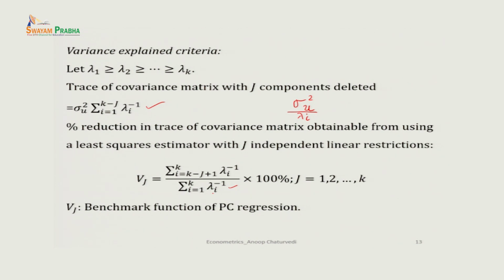If you subtract summation i equal to 1 to k lambda i inverse minus summation i equal to 1 to k minus j lambda i inverse, then you obtain summation i equal to k minus j plus 1 to k lambda i inverse, and this is the percentage reduction V j. So, V j is called the benchmark function of PC regression.